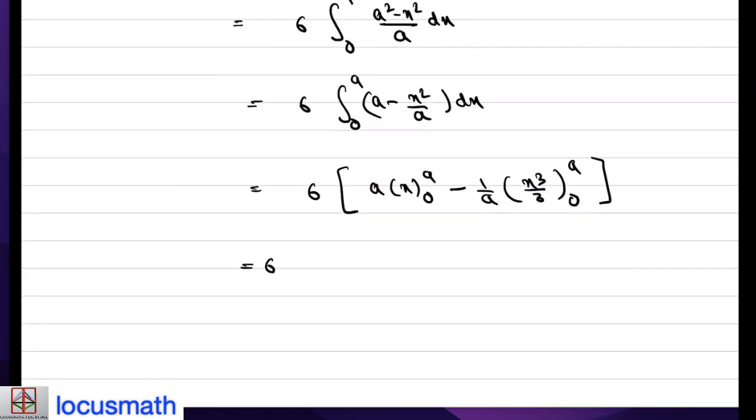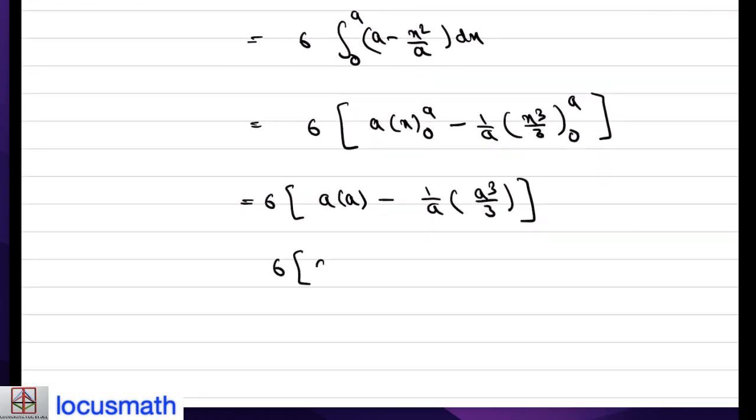So this equals 6 times a into a minus 1 by a into a cubed by 3. For the lower limit it will be 0, therefore 6 times a squared minus a squared by 3.